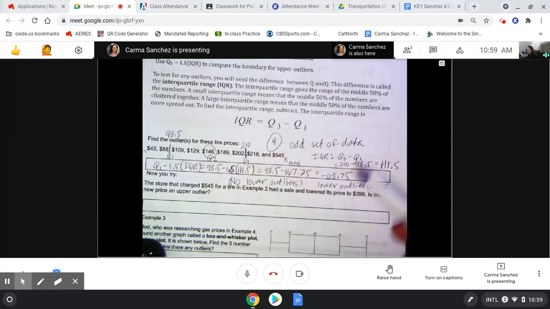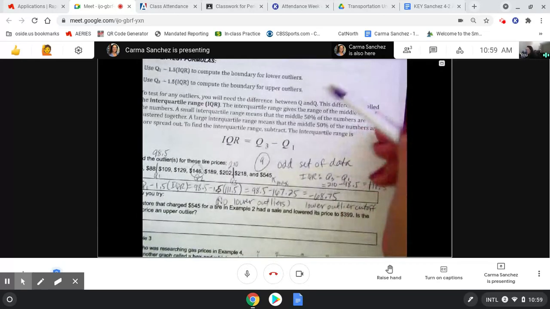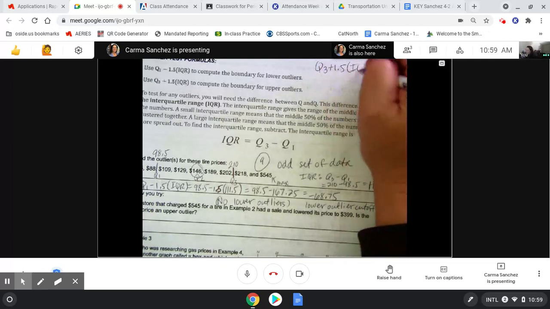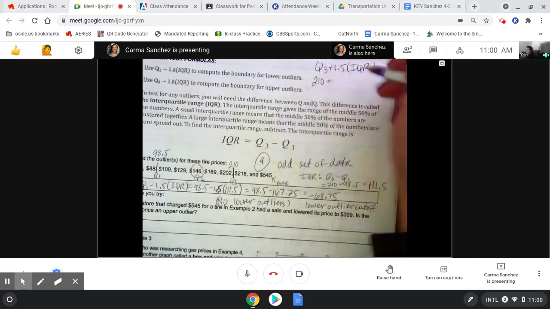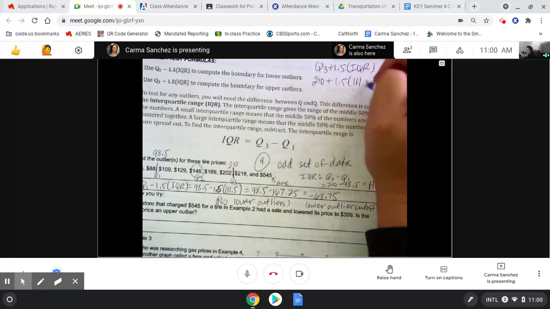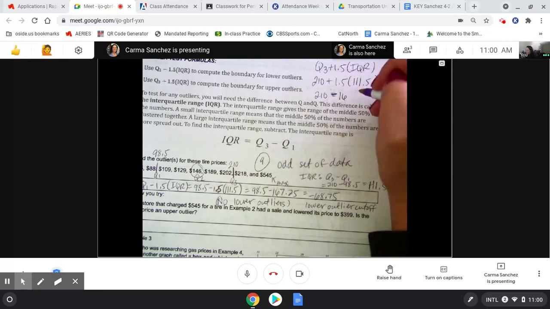Okay, now let's go do the upper outlier. I didn't leave us a lot of space, so I'm going to go do it up here. Q3 plus 1.5 times the IQR. Q3 came out to 210, plus 1.5 times 111.5. We already got that as 167.25.